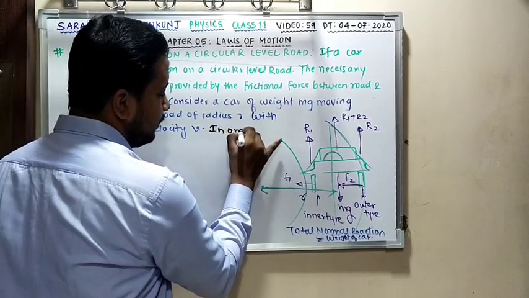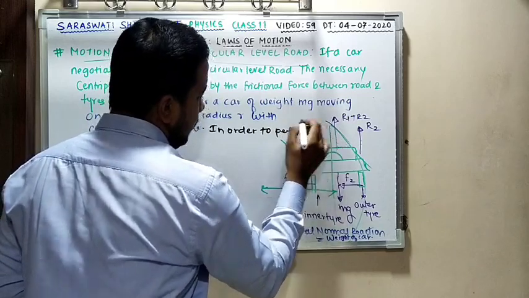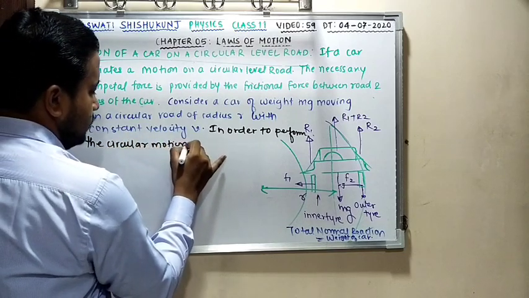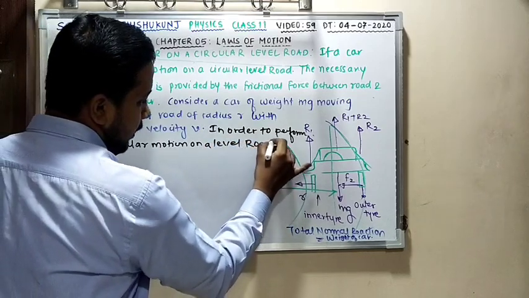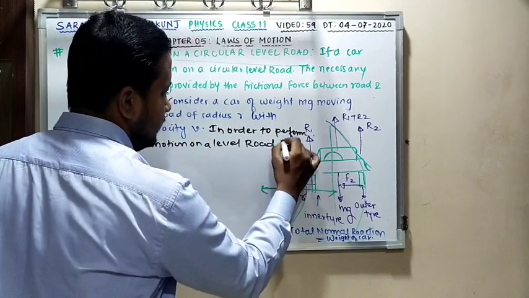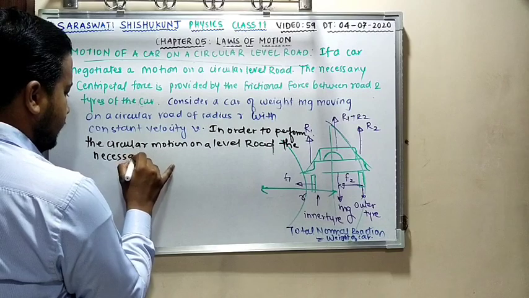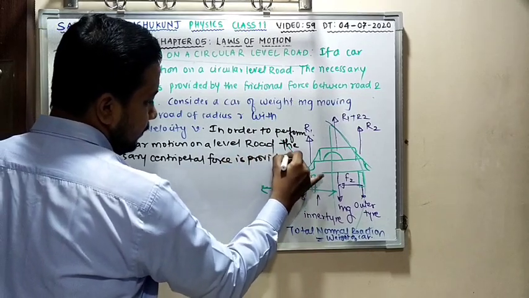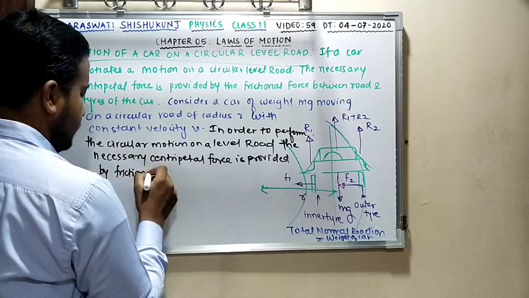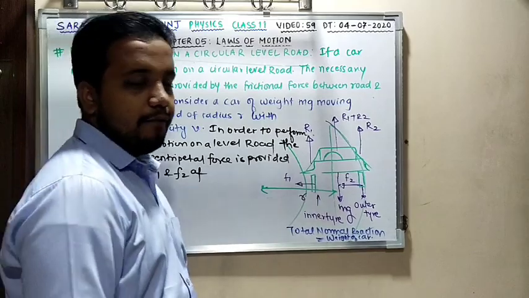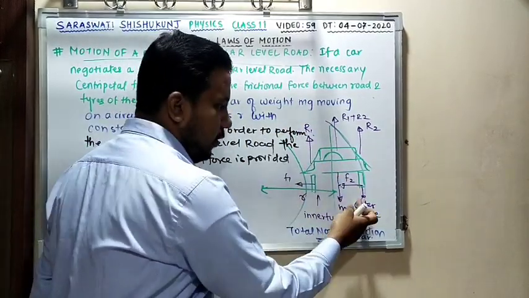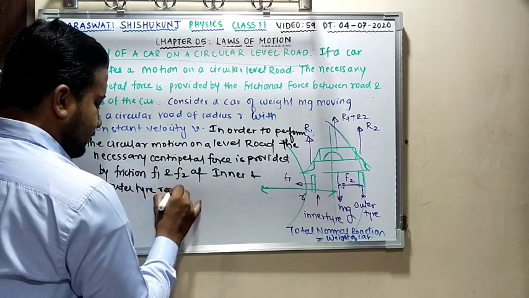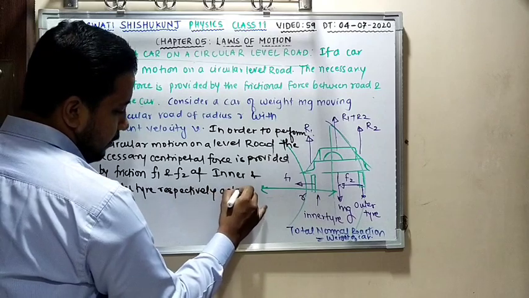In order to perform circular motion on a level road, the necessary centripetal force is provided by the frictional forces F1 and F2 at the inner and outer tire respectively, acting inwards.